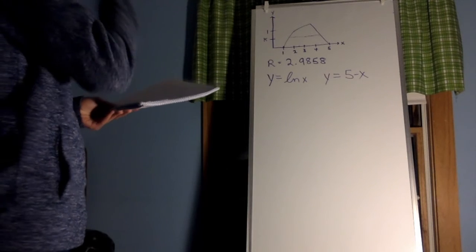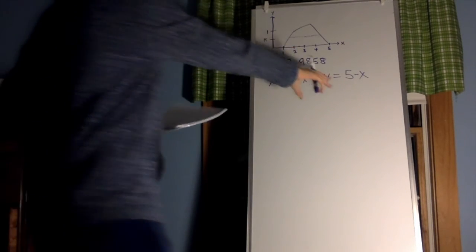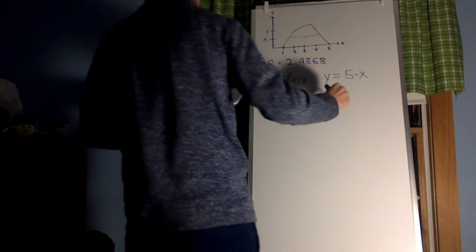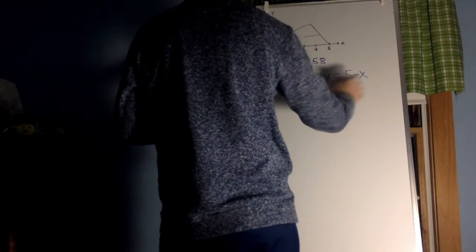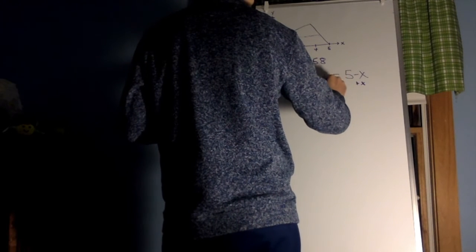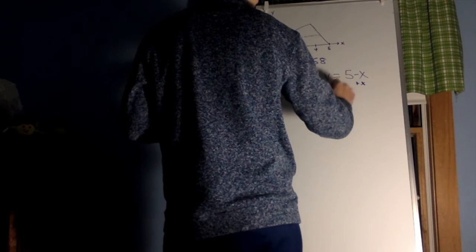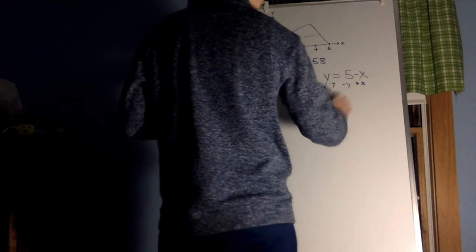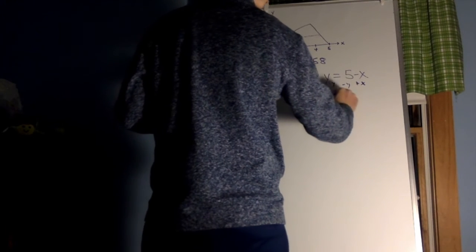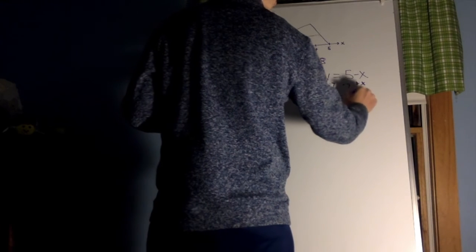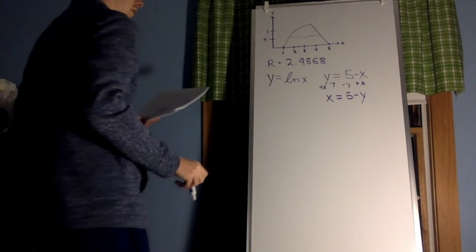So over here, we end up with x equals 5 minus y, just getting x on its own.